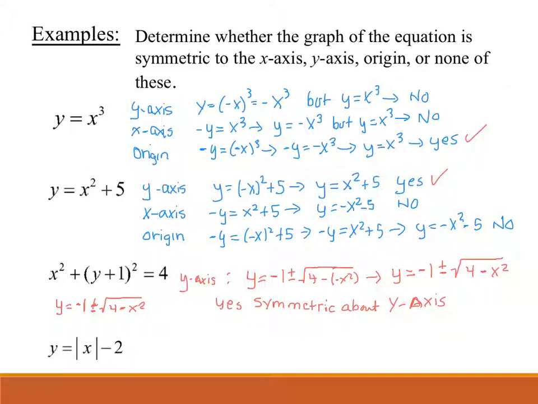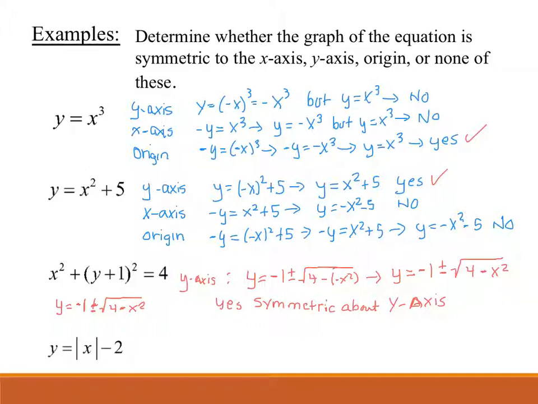To find out if it's symmetric about the y-axis, I put in a negative x, and when I do that, I see a slight mistake here. It should be a negative x squared, but in any event, I get y is equal to a negative 1 plus or minus the square root of 4 minus x squared, which in a sense is the original equation. So it is symmetric about the y-axis.